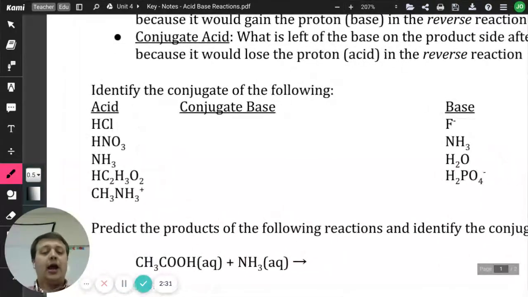For a conjugate base, remember, if we've got our acid, the acid is going to be the proton donator. It's going to lose a proton, it's going to lose a hydrogen. And remember, the conjugate base is what's left over after that. So when we're thinking about conjugate base, it should always have one less hydrogen than the acid did, because the acid was what was giving away a hydrogen.